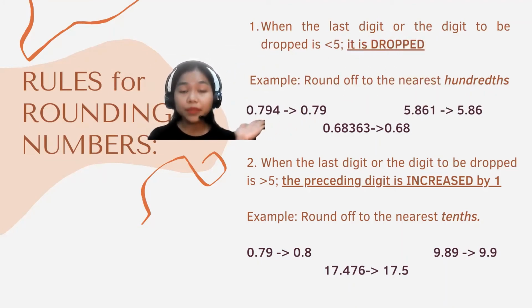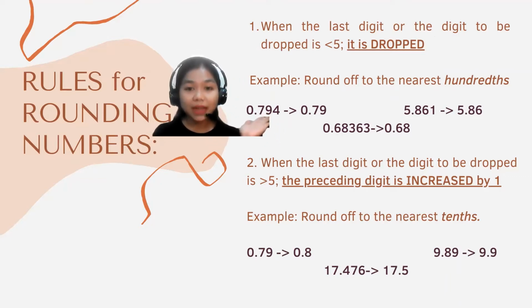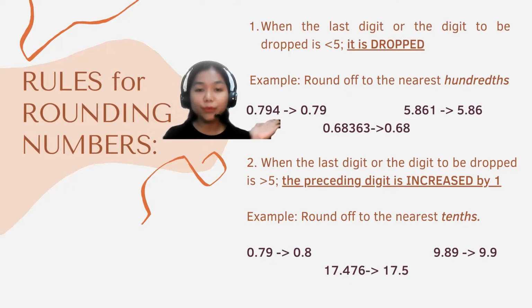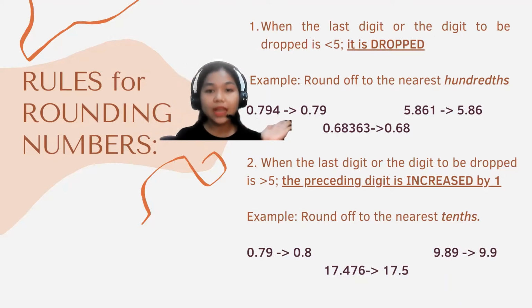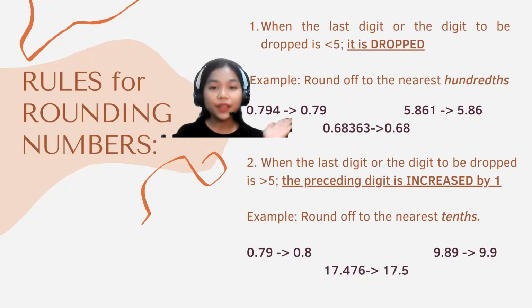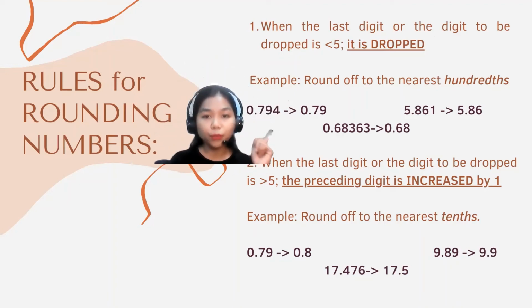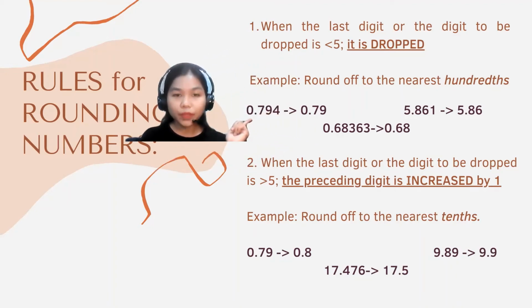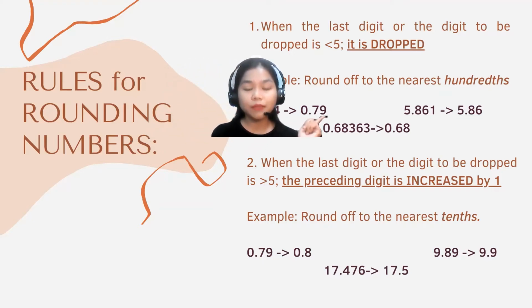Identifying that 7, the place value is tenths, 9, the place value is hundredths. So we are required to round off this value up until this number, which is 9. And 4 is the thousandths. So what is the number beside 9? Actually, it's 4. And remember that 4 is less than 5. Thus, we need to drop this off or remove this. So rounding 0.794 to the nearest hundredths, the answer is 0.79.